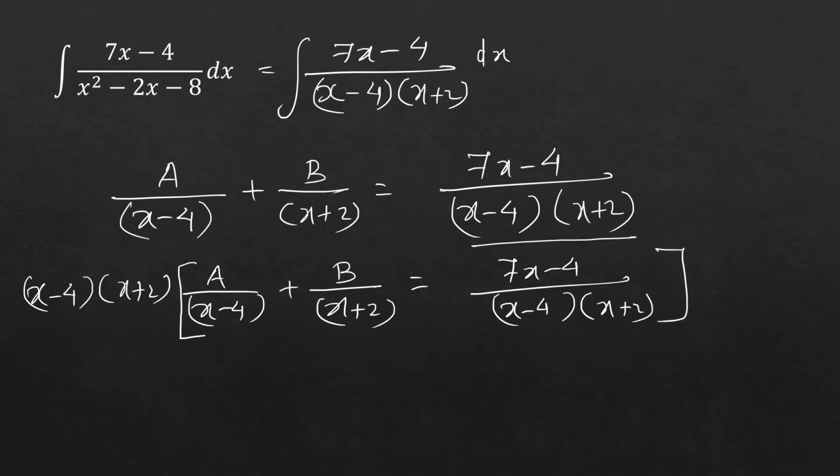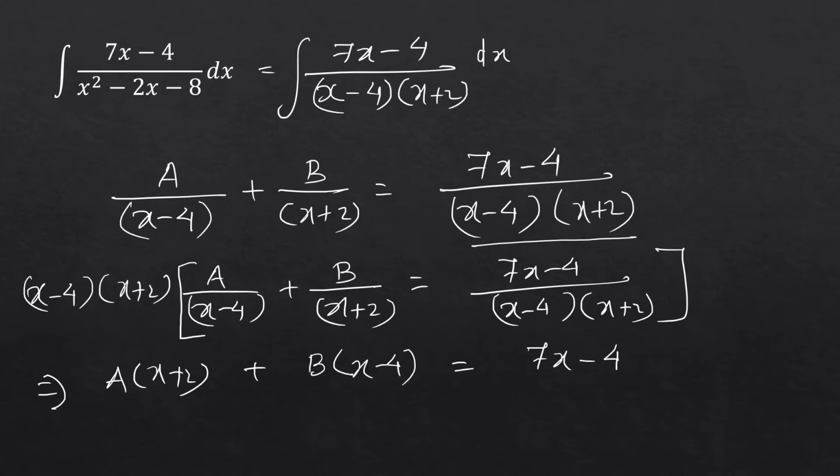So what will happen? It implies that we get a times x plus 2, because this x minus 4 and this x minus 4 will get cancelled. Next we will get b times x minus 4, and here we will get only 7x minus 4. So that's the equation that we have got.